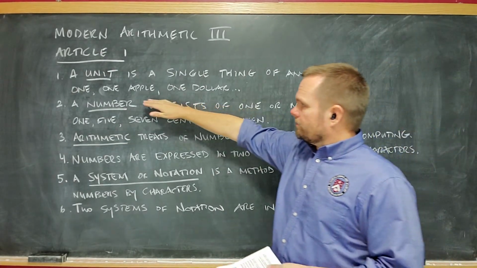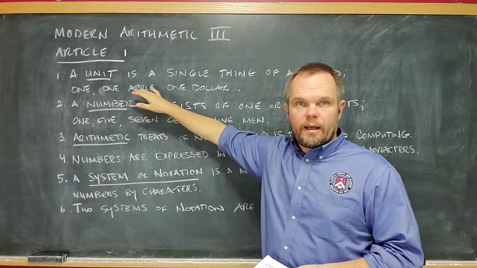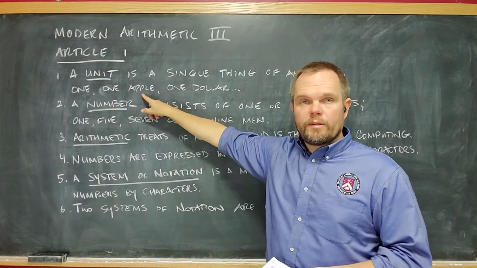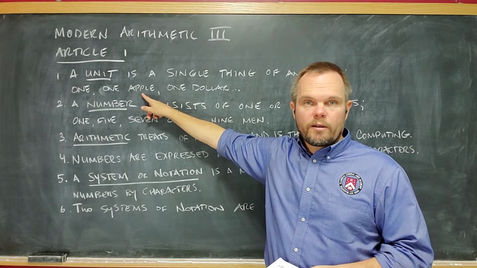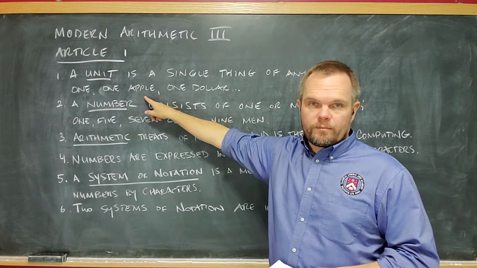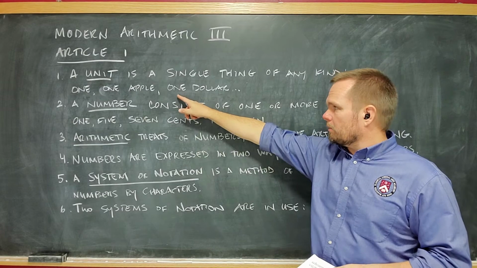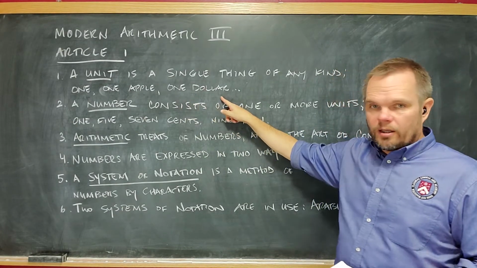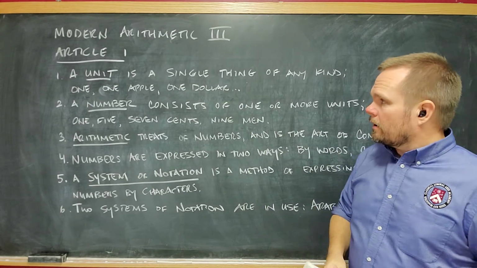Another example is 1 apple. And here we do tell the actual unit we're talking about. The apple is the unit. And then another example, $1. Dollar is the unit.